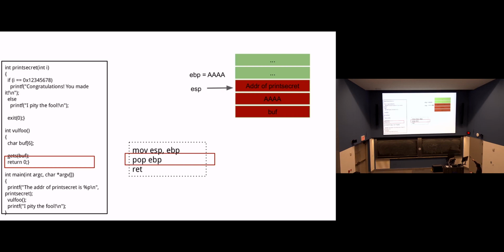Then the third return address will be here. So if we list all the return addresses just here, then we can return to all of them one by one, right? The first one will return to the second one, which will return to the third one. But they cannot have parameters. If they have parameters, then the address of the return address and the address of the parameter will overlap. So that obviously doesn't work.